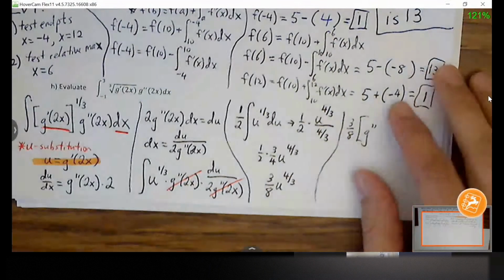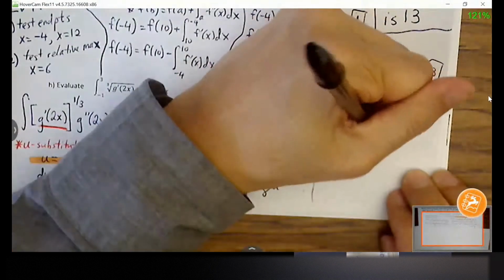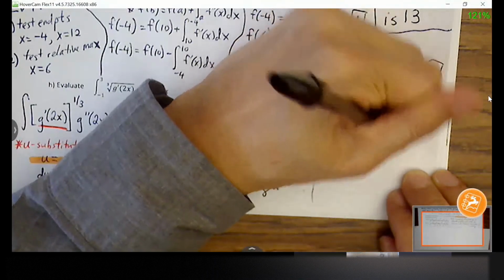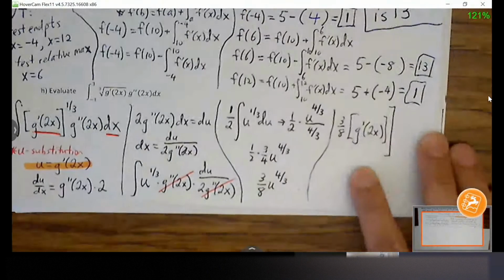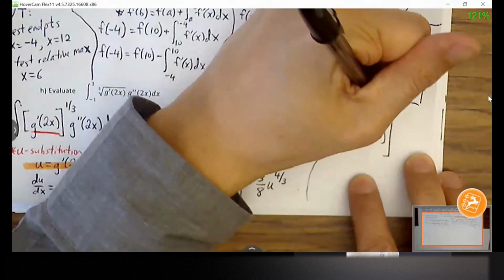Oops, not g double prime, just g prime. Now we have the antiderivative, up to the 4/3.